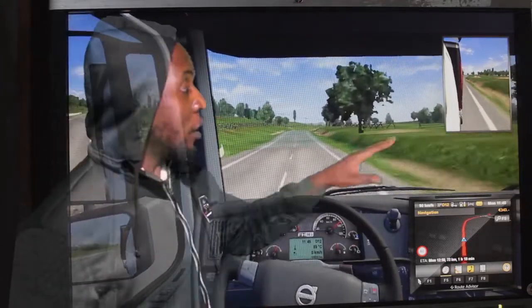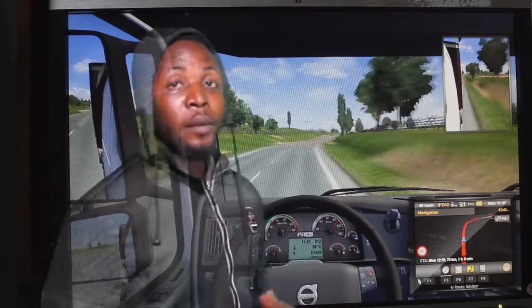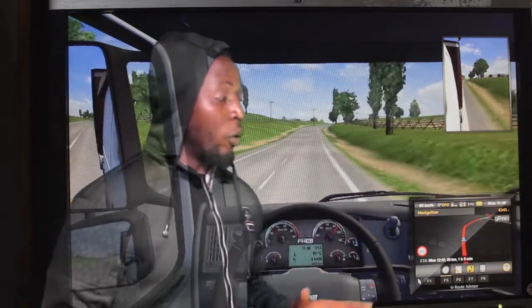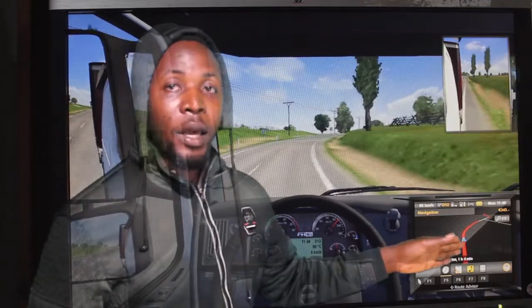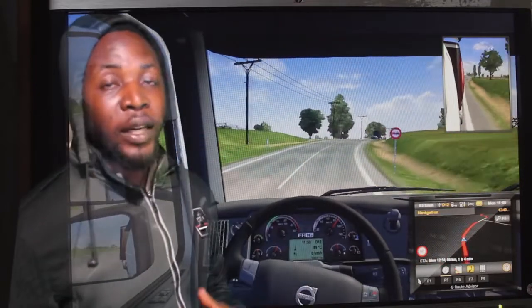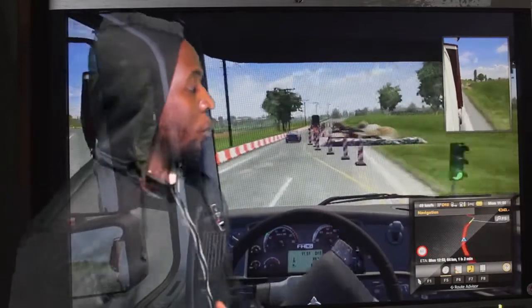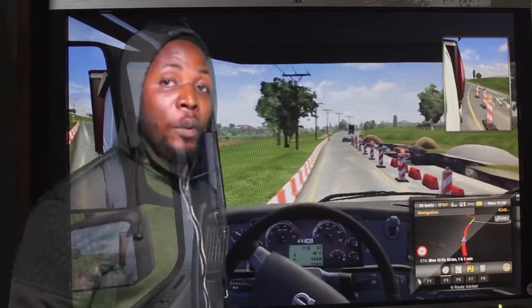So this is what we call the ordinary road, one vehicle going and the other vehicle coming. On this road, remember, you can only park on the right side hand, and when you want to overtake, you can only overtake on the left side hand. So this is what we call the ordinary highway road.